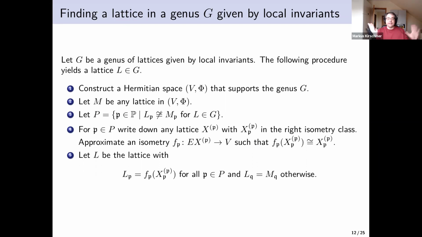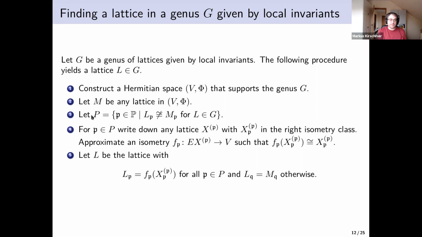Now we start with any lattice in that space. I'm not very picky, I just pick any one. And then, you know that if you have two lattices over a Dedekind ring in the same space, then they must be equal almost everywhere. So in particular, I know that my lattice M must have the correct invariants almost everywhere.